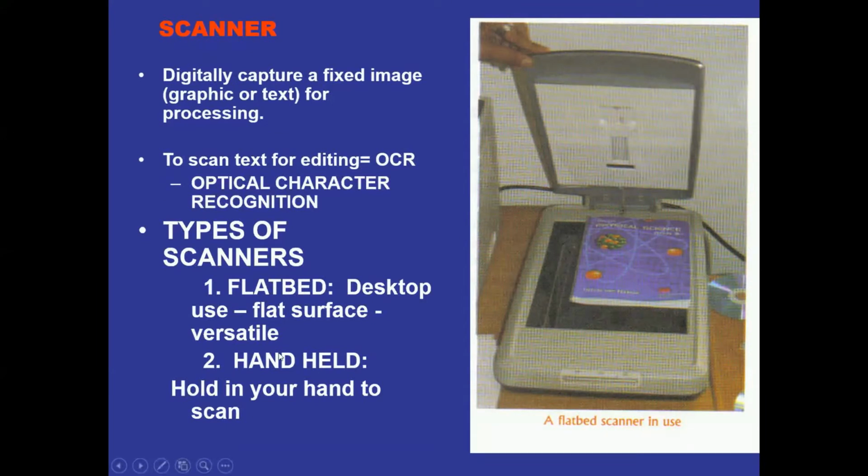This is the one that you see in shops where they pick it up and they scan an item. You also get handheld scanners which you can scan from text or books. Most commonly used handheld scanners that we get are barcode scanners that read barcodes.